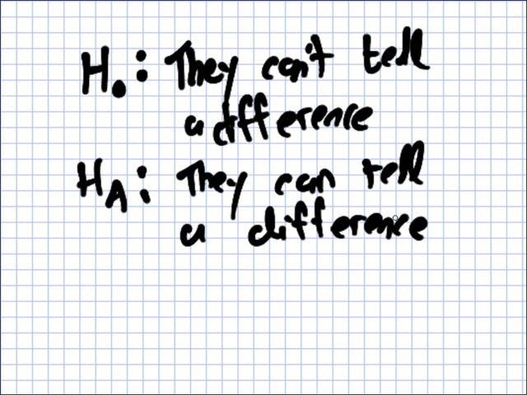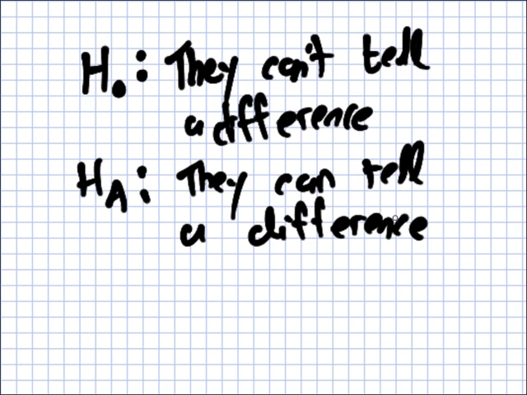Imagine somebody can tell if the milk was put in first or last, but they always get it wrong. You put the milk in first, and they say it went in last. You put the milk in last, they say it went in first. They get it wrong every time. Can they tell a difference? Yeah, but they've just labelled it the wrong way around.